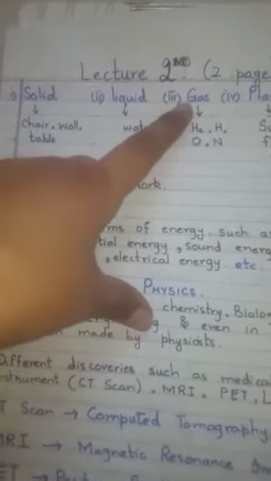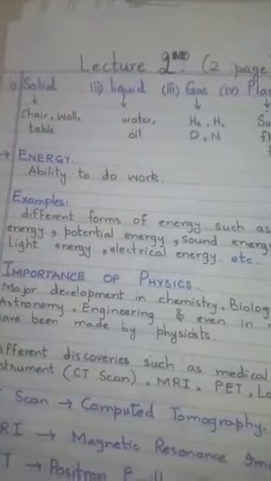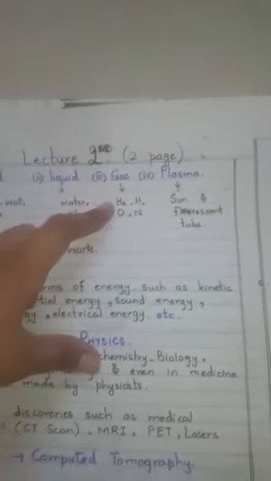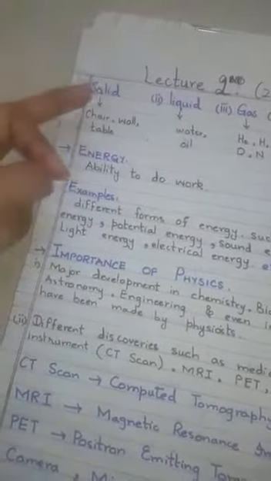The next state of matter is gas. A gas has indefinite shape and indefinite volume, and there is a maximum gap between the molecules, so intermolecular forces are extremely weak as compared to solids and liquids.